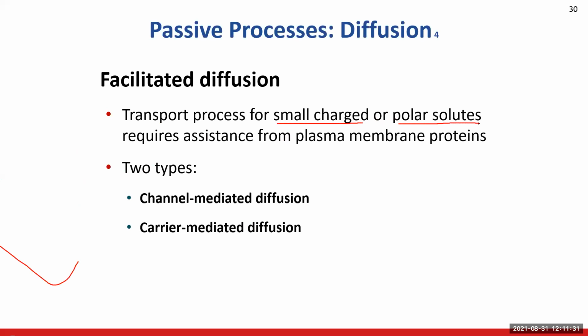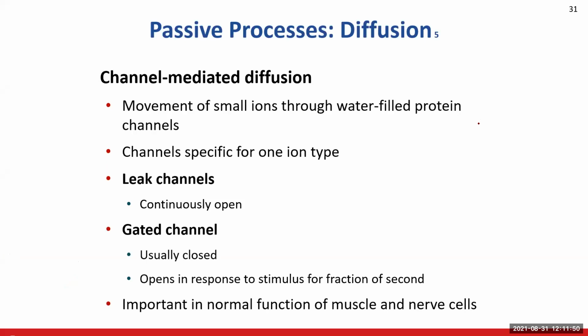So they're small and charged, or they're polar solutes. That means we are going to rely on some of the plasma membrane proteins to help move those molecules across the plasma membrane. We have two types: channel-mediated diffusion and carrier-mediated diffusion. Channel-mediated diffusion means we've created these special channels.